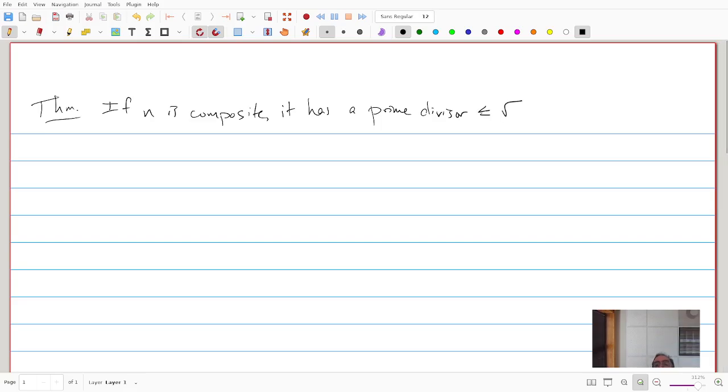Here is the first theorem: if n is composite, it has a prime divisor less than or equal to the square root of n.